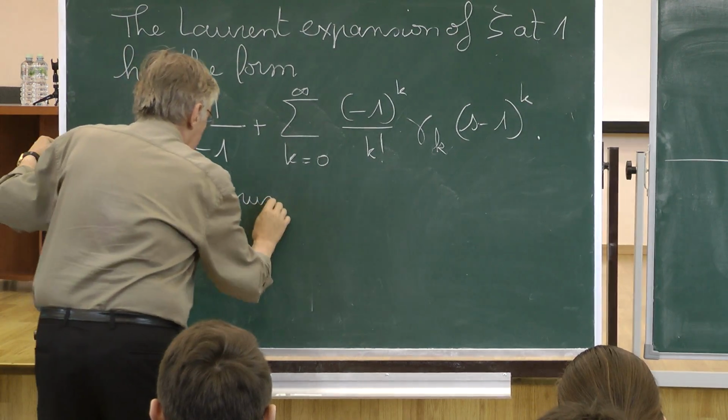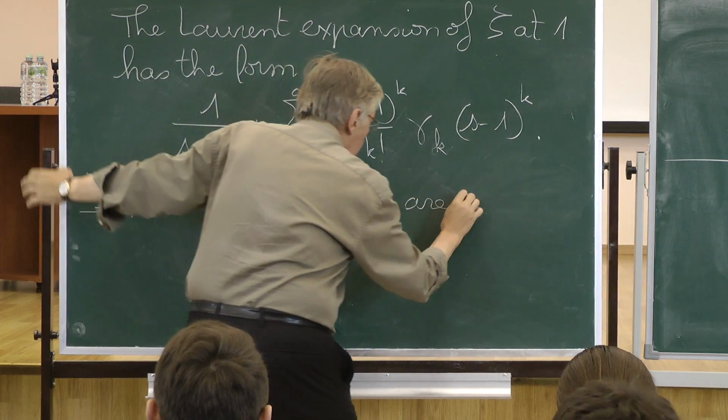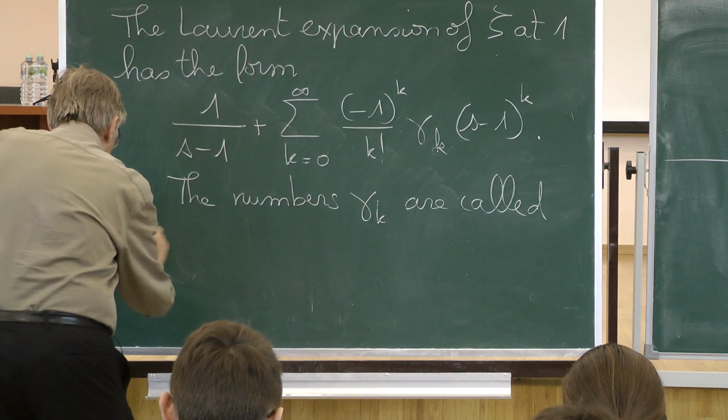The numbers gamma k are called the Stieltjes constants.